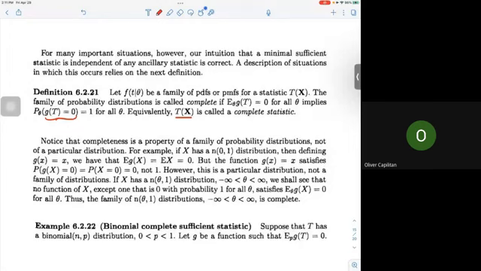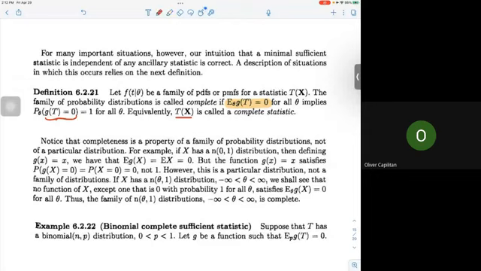So when will the family of probability distributions be complete? If the expectation of g of t given our parameter theta is equal to 0 for all theta, and it would imply that the probability that g of t is equal to 0 given theta is equal to 1 for all theta, then the family of probability distributions is complete.